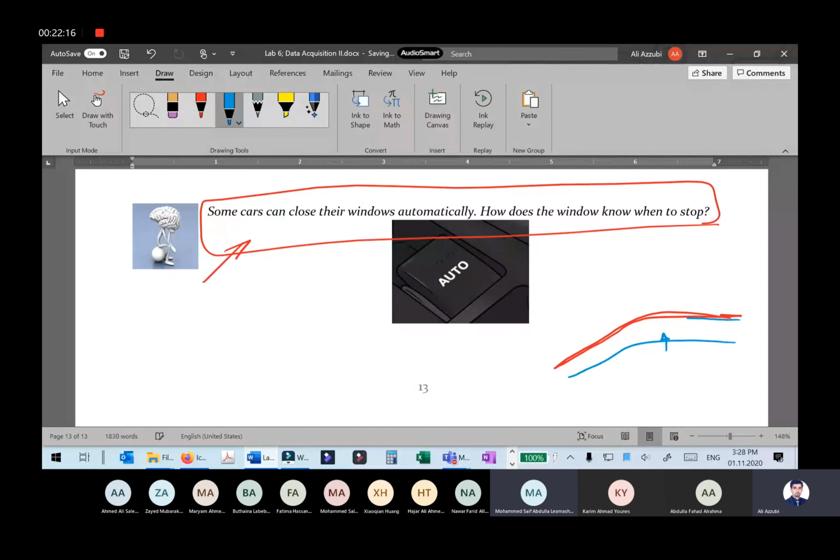When the window reaches the limit here, if this is the motor of your window, the actuator, there is basically a DC motor inside. If this is the current of the motor, it will be flat like this, and suddenly it will jump to a high value, simply because the window has reached the limit and there is jamming on the motor.